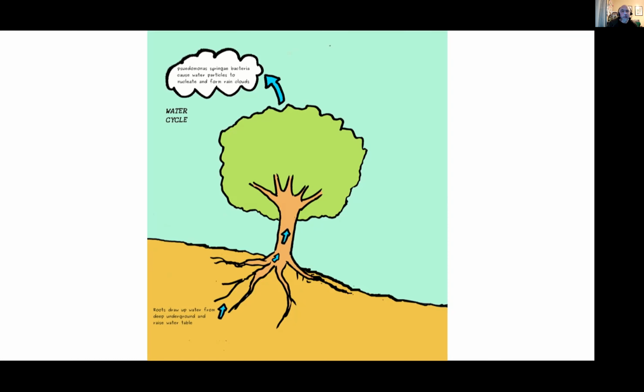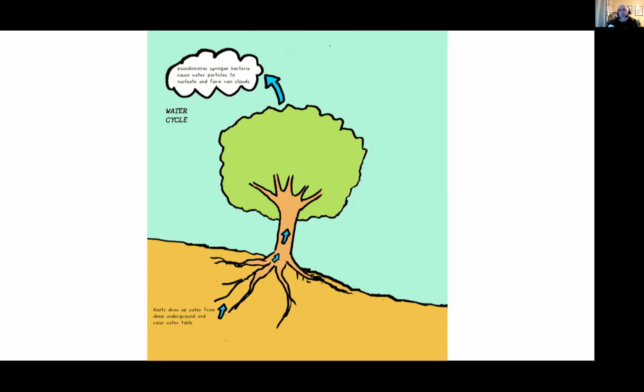What happens as the water transpires from the leaf surface, these bacteria are drawn up on the water particles. They travel up into the atmosphere at the same time, and these particular bacteria have a property that enables them to form ice crystals.